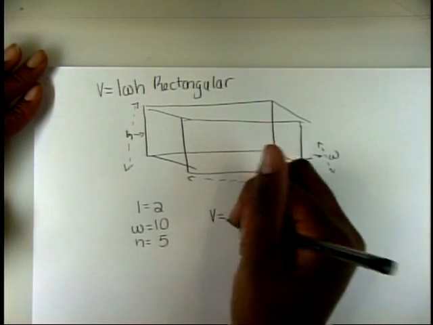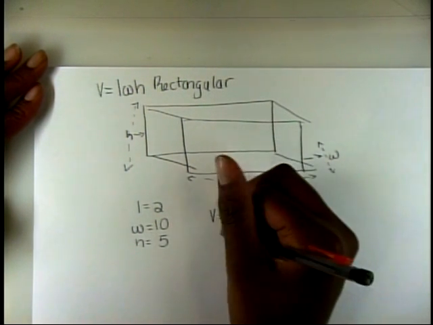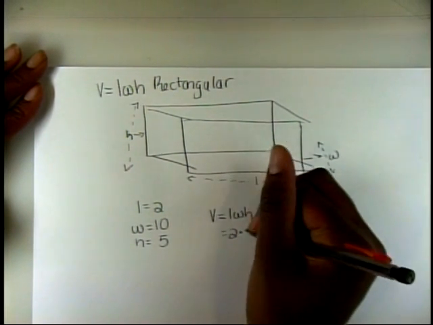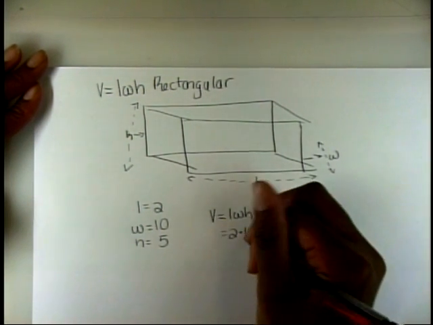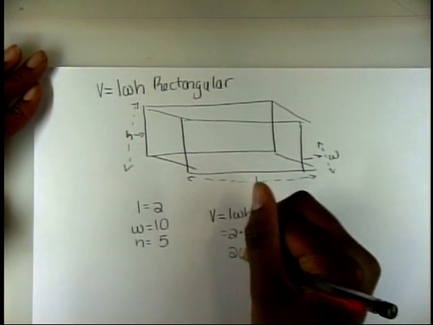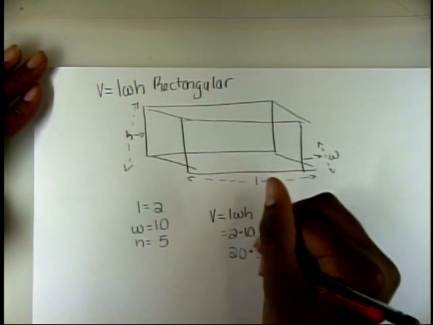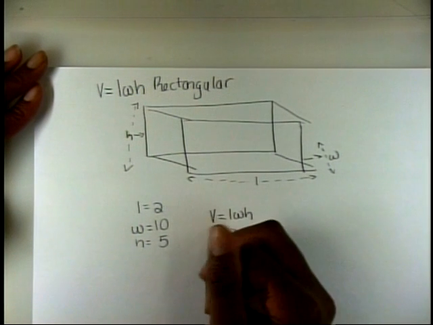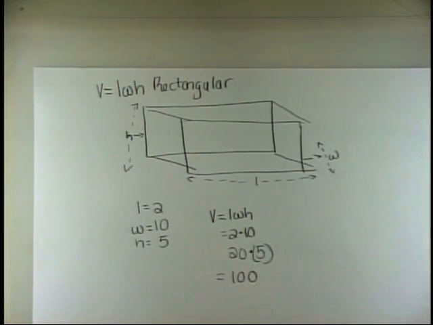So finding the volume, L times W times height, I will have 2 times 10. You can break this down if you want to, which will give me 20. Don't forget about the height. 20 times 5, which will give me 100. The volume of the rectangular is 100.